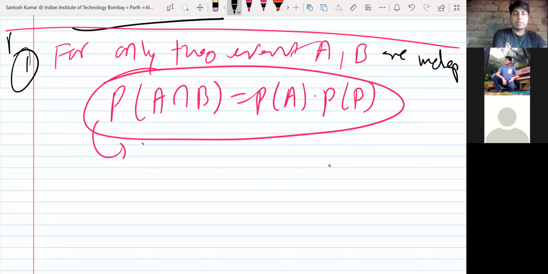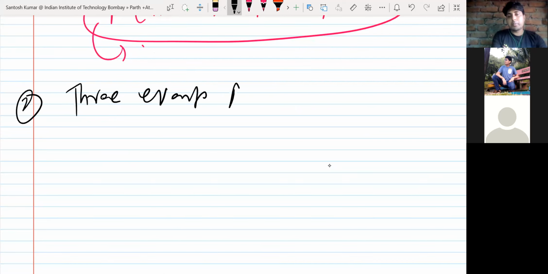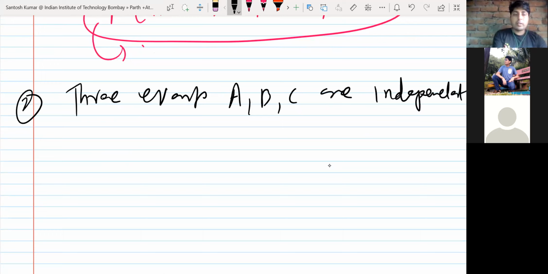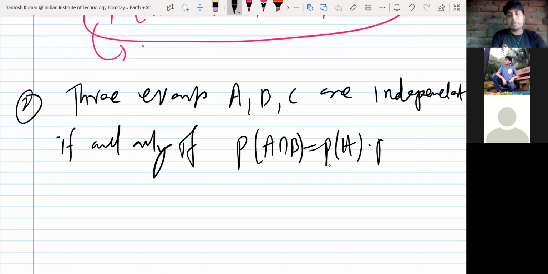So let me read this note. Second note: three events A, B, C are independent if and only if there are many conditions. First, they should be pairwise independent. Probability of A intersection B should be PA into PB.